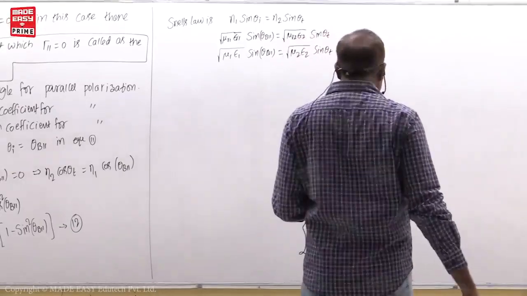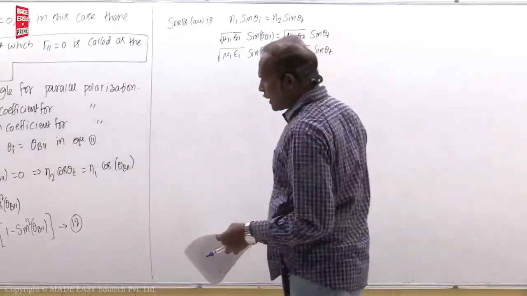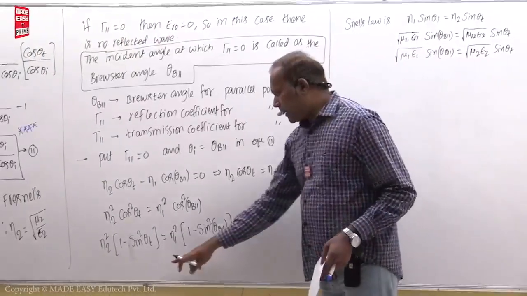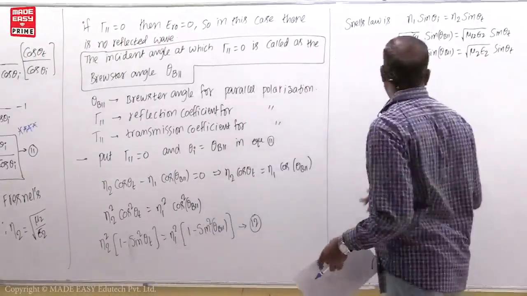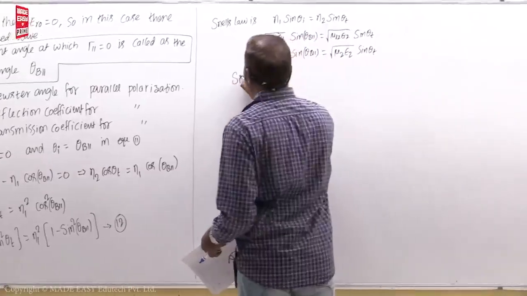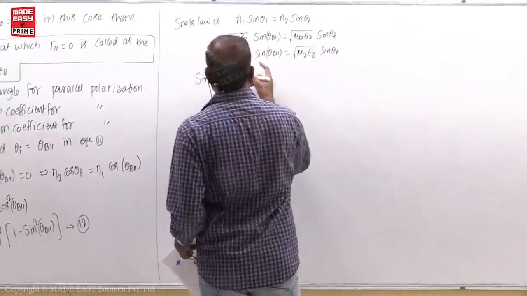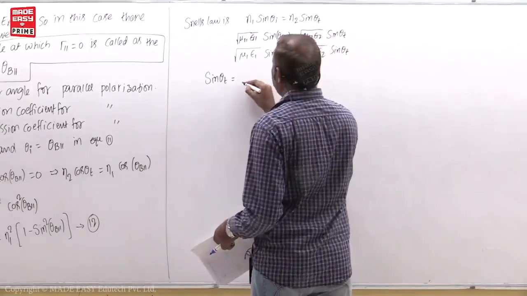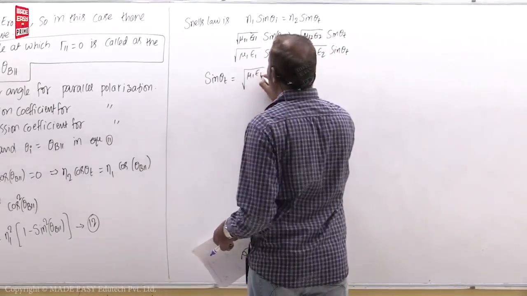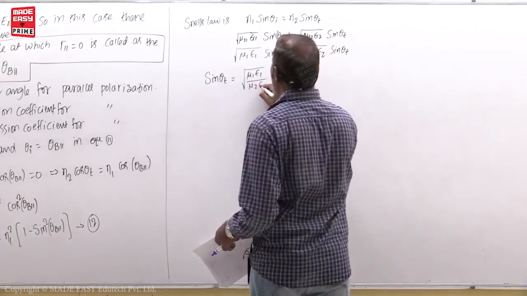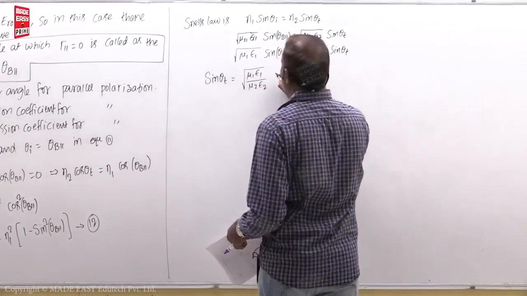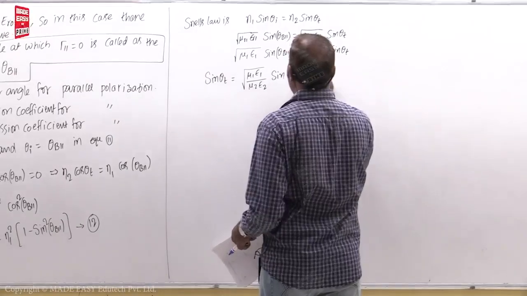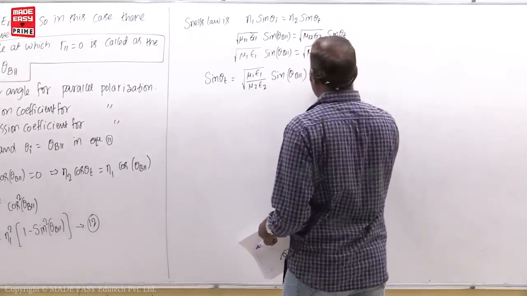So from this sin theta t, because we want the equation for theta B parallel, but here theta t is there. So from this you can write sin theta t in terms of sin theta B parallel. So what you get is root of mu 1 epsilon 1 divided by mu 2 epsilon 2 and then sin theta B parallel. Let us say this equation number 13.